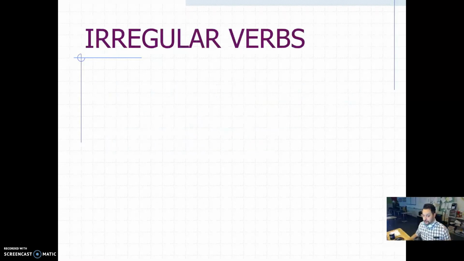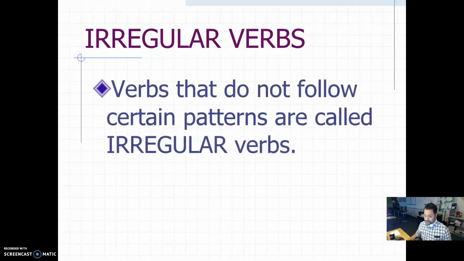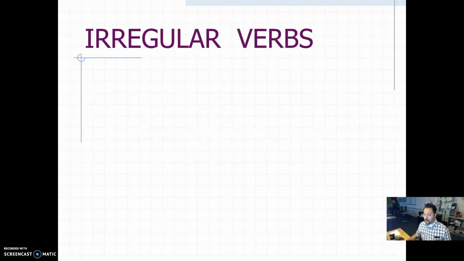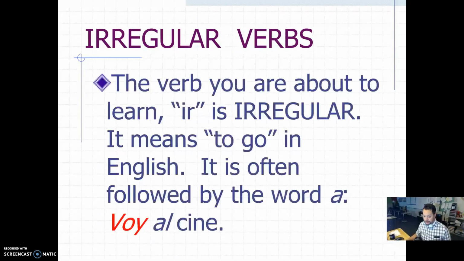Well, for the verb ir, now that's classified as an irregular verb, okay? That's one of a few that you're just gonna have to memorize what it changes to in the present tense. So everyone hopefully by now knows that the verb ir means to go. Most of the time you're gonna have the preposition a, which in this case means to in Spanish, and then wherever it is the person is going.